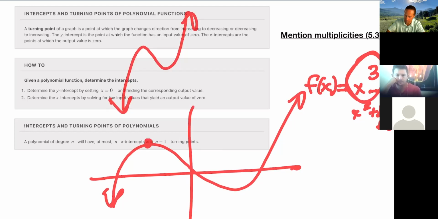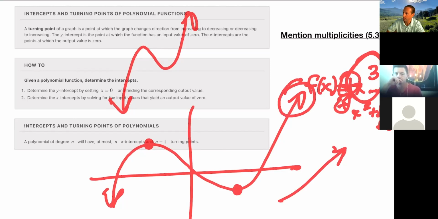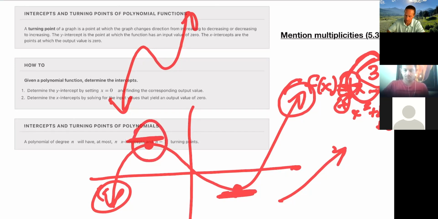And notice there are some very critical points on this graph. And notice I knew that this was a positive in front of the x cubed because from left to right, it was going up. X cubed, opposite for my ends. But this and this, what are they called? Local minimum. Very good.